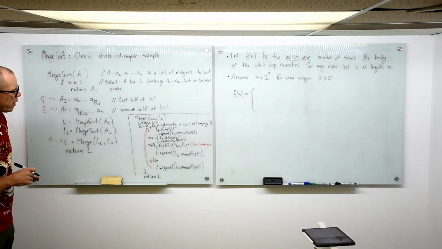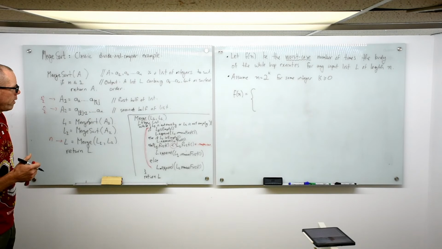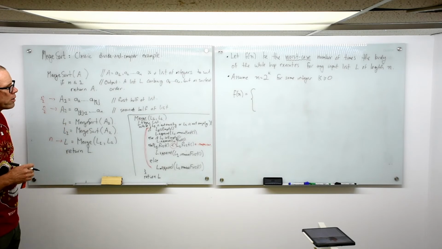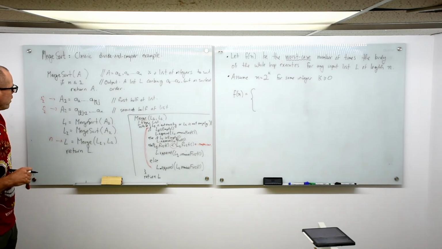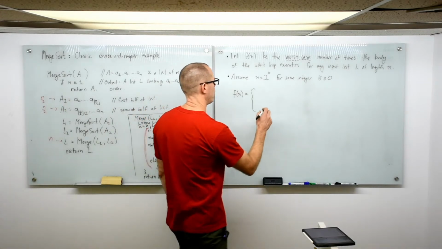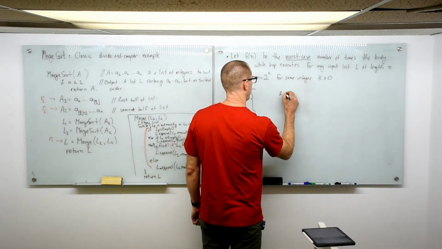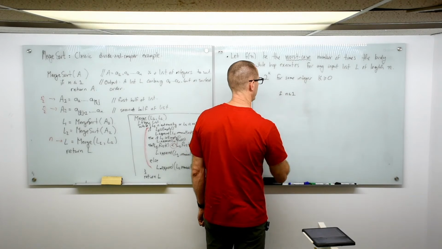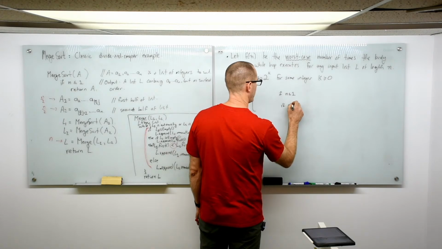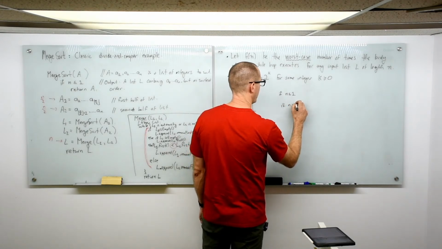That recursive function has a base case and it makes some recursive calls, so we should be able to write this thing as a recurrence. And indeed, we can. There's really only two cases: if n is less than or equal to 1, then it's something, and otherwise, if n is bigger than or equal to 2.